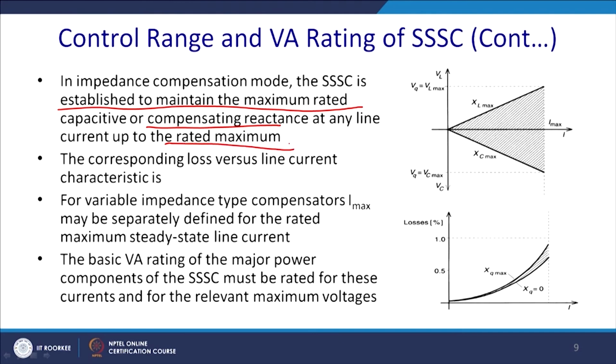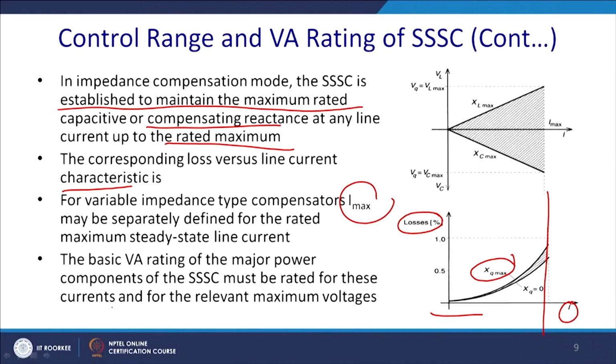Thus, the corresponding loss versus line current characteristic is shown here. This is the IQ max and this is the loss and this is the current rating of the devices. So, we have to keep this below the IQ max, otherwise the maximum voltage or current limit may be exceeded.